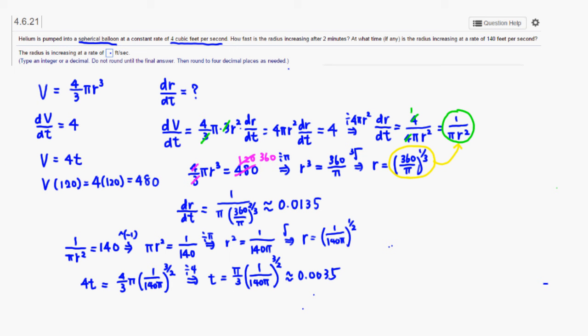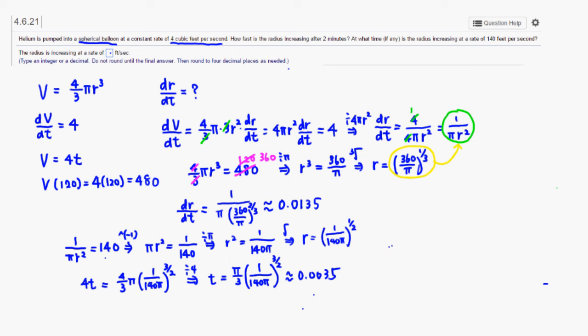So you're looking for dr over dt equal to 140, and we got that. And t is equal to... I'm not sure why this is not working out right.